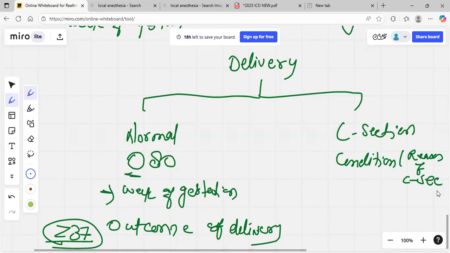In that case, you have to keep that condition at the primary position. Your second code, any other comorbidities, any other issues, will be your second code. Then week of gestation.